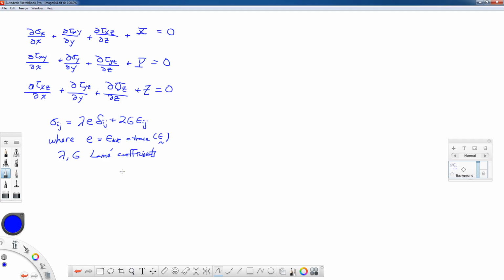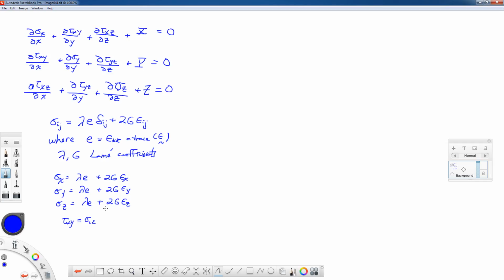If we want, we can write out our stresses. Let's go ahead and do that. So sigma x would be lambda e plus 2g epsilon x in terms of our coordinate directions, and in a similar form for the other two normal stresses. And for our shearing stresses, when we have x and y, that's like sigma 1,2.